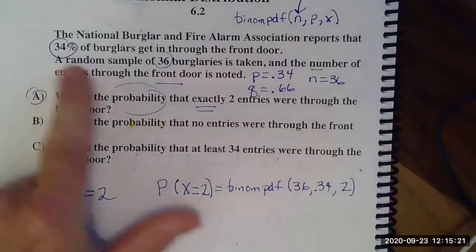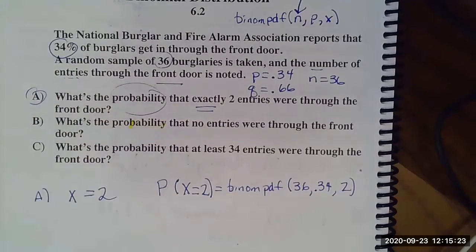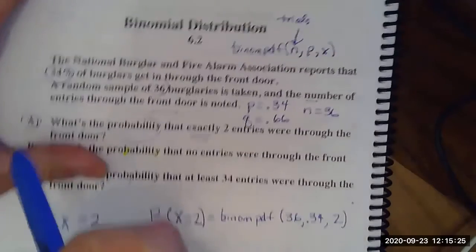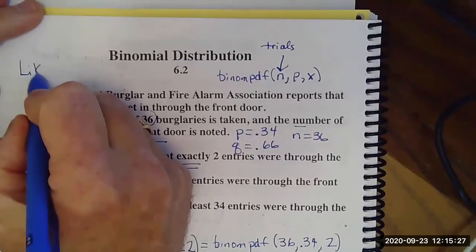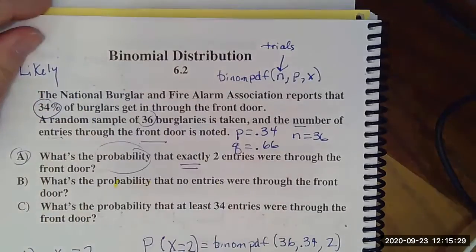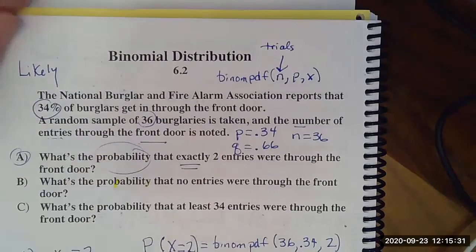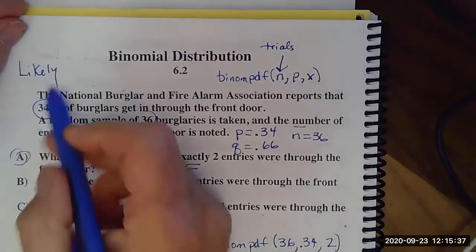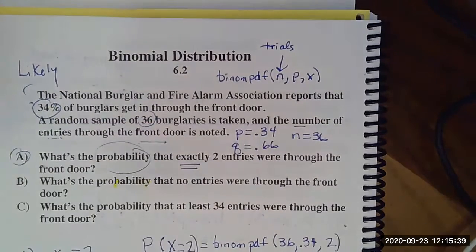Because the likely number, remember the word likely? What's likely? Likely. With the probability distribution, it was the highest probability, but we don't have that. So we have to go with that's likely.